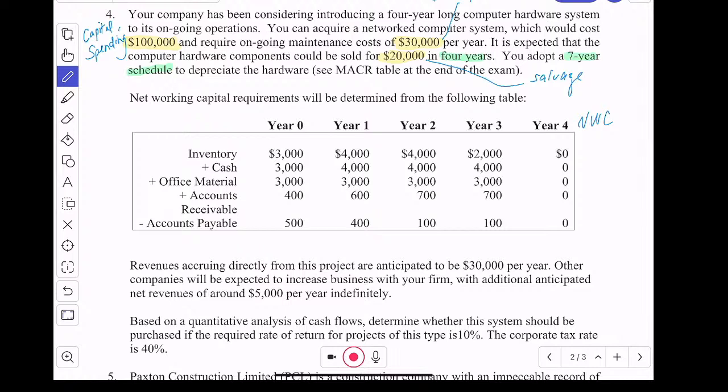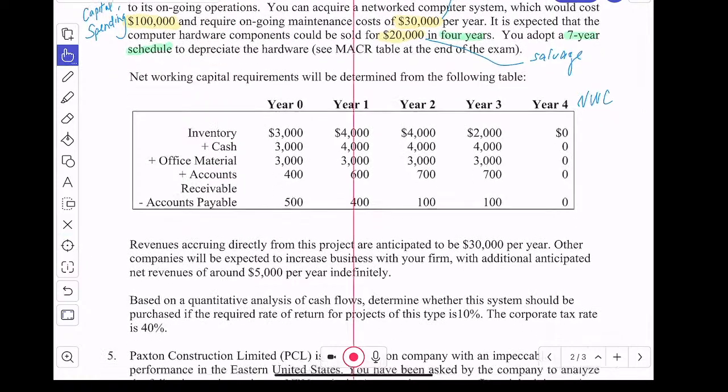These are amounts that represent allocation of funds for the purposes of inventory, cash, etc. So these are required at the end of each period. And in the 4th year, we recover or release all the funds back to the firm. All right, then you're told about revenues below. Let's continue.